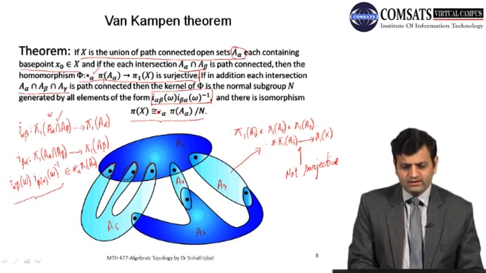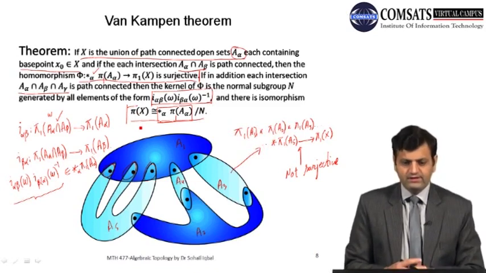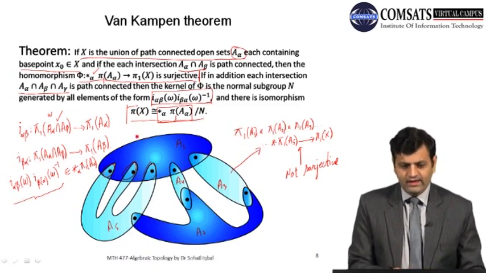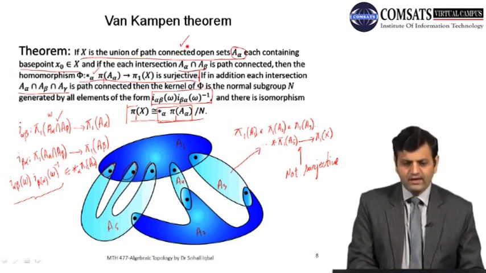This is the free product of the fundamental groups of A alpha, and we are taking the quotient with N, where N is the group generated by all these elements of this form, and there is an isomorphism. So we have this important relation between the fundamental group of this topological space X and the fundamental group of a covering.